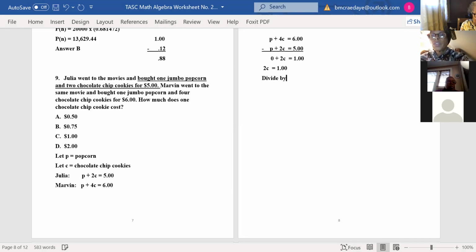If 2C equals $1, what is C equal to? To solve this for C, Mercedes, we divide by 2. Divide both sides by 2.